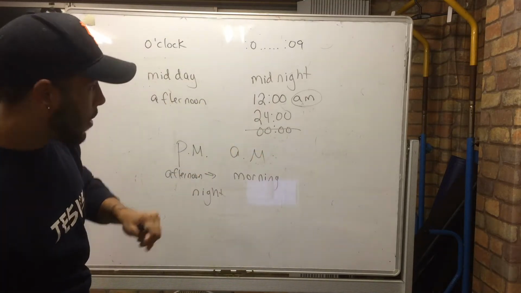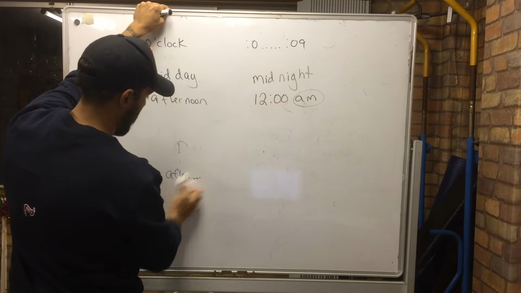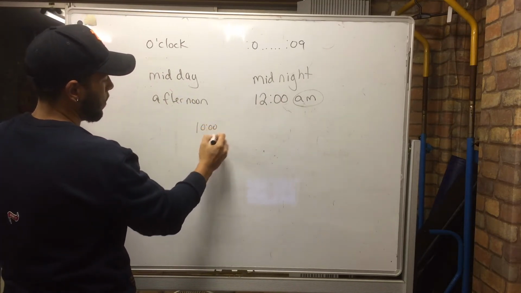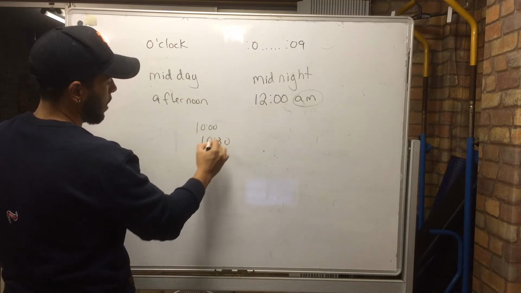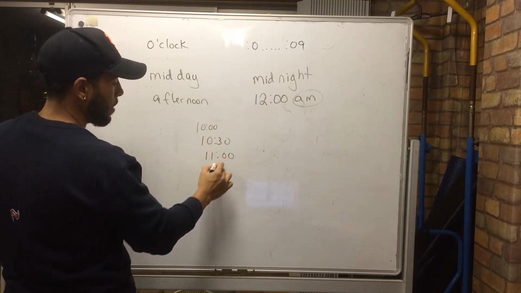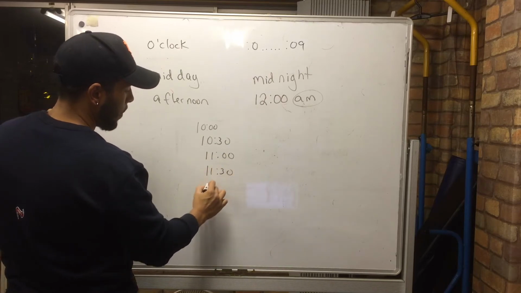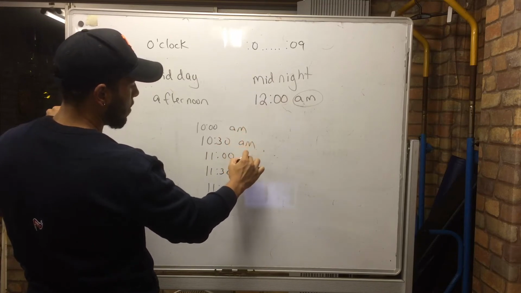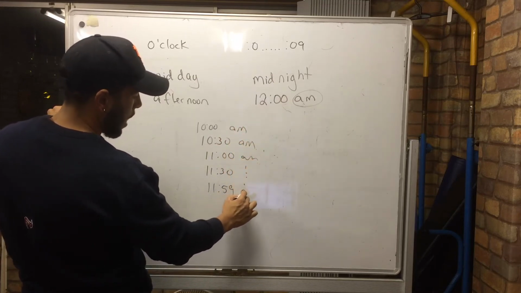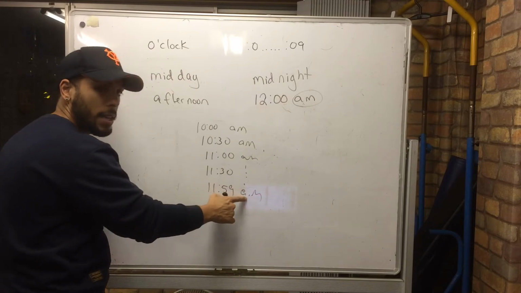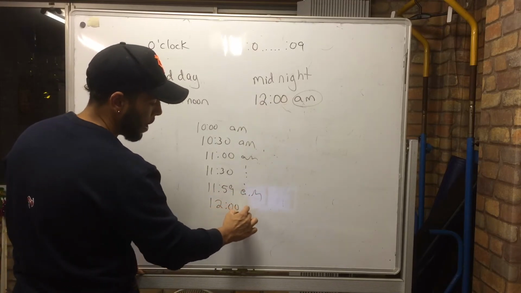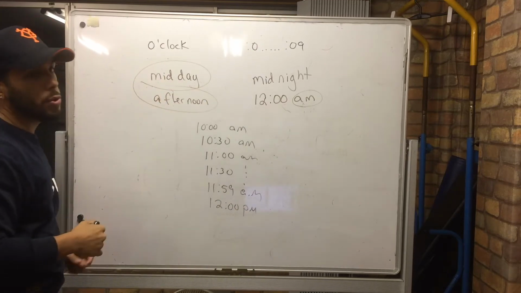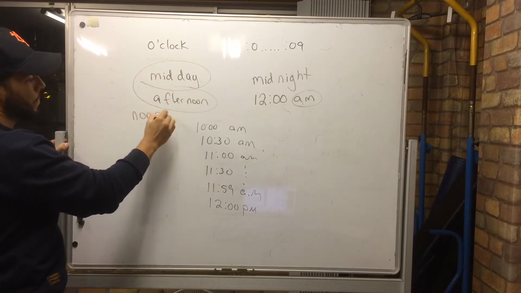So, in the case of what I said before, if it says 10 a.m., then it's 10:30, 11, 11:30, 11:59. All this is AM, 11:59 a.m., then 12 p.m. 12 p.m. is midday or afternoon or just noon.